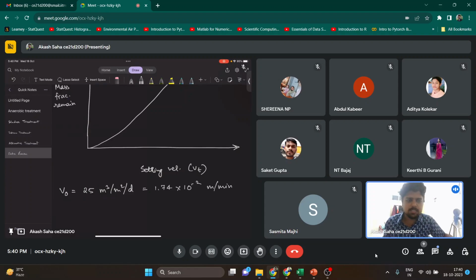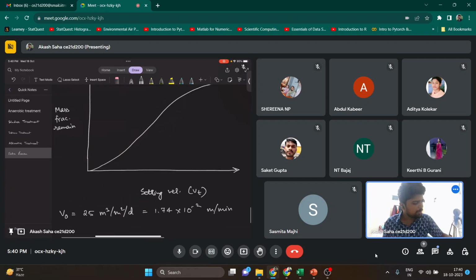I am just changing days to minutes, so everything is in terms of meter per minute. What will happen if any particle has a settling velocity greater than or equal to this surface overflow rate? It will get settled 100%, right?